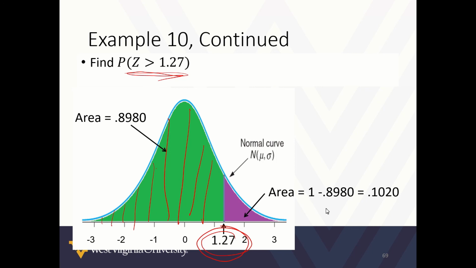So that means we have to bring in that wonderful concept of the complement again and subtract. 1 minus 0.8980 would give us the true area under the curve of interest, which would be 0.1020.